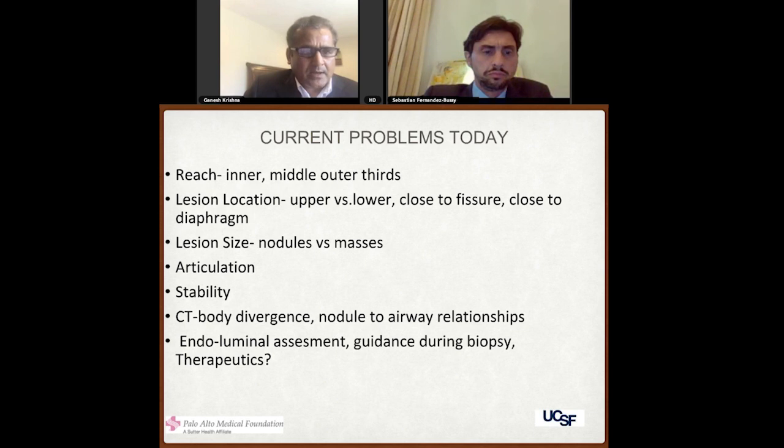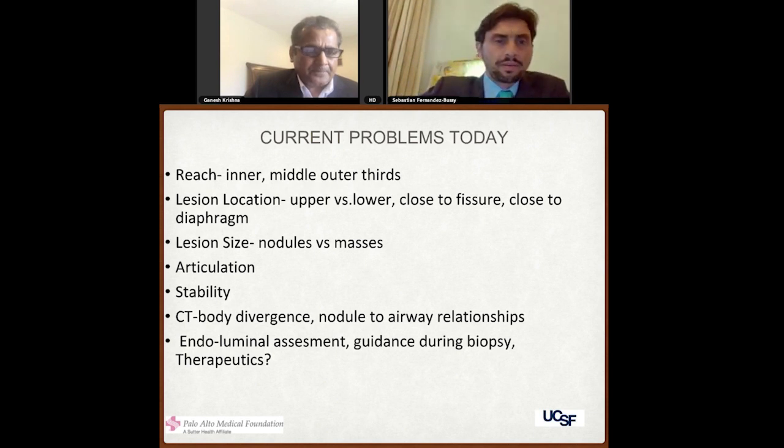However, we can sum up all the existing navigation platforms with certain common denominators. One of the things that is important for us to understand is to compare and contrast different peripheral navigation platforms so we can understand and apply the data generated from each of these technologies to our individual practices. So current problems that we have today are how far can we reach?